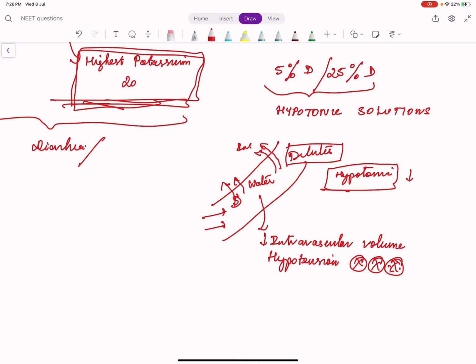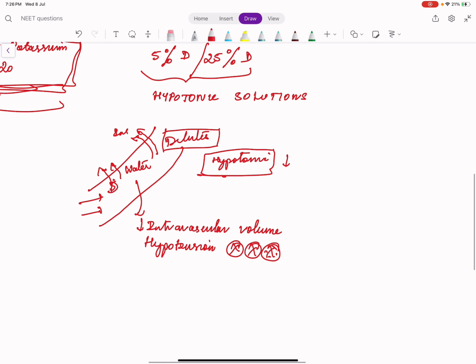Even if it is not asked in NEET, it is very good for a practical approach. Never give 5% dextrose or 25% dextrose in hypotension or in shock. So since 5% dextrose has this complication, people combine 0.9% saline with 5% dextrose. It's called DNS. So it gives glucose as well as it prevents hypotonicity.